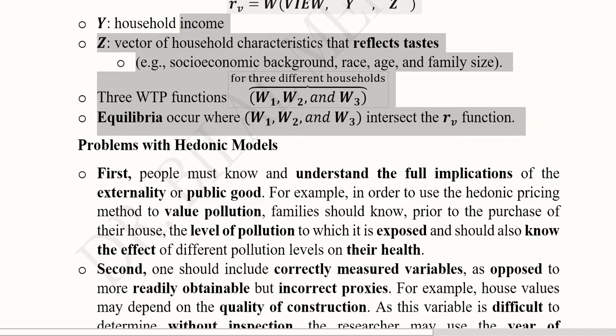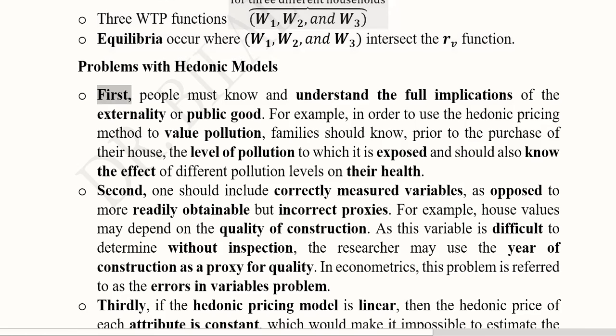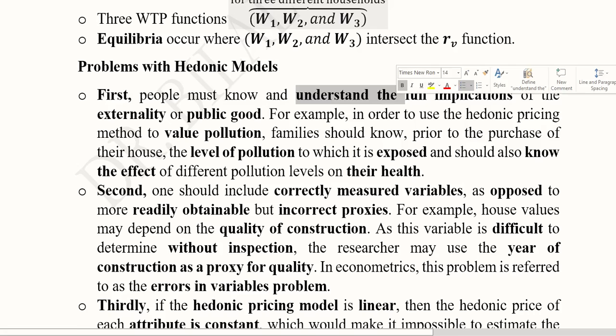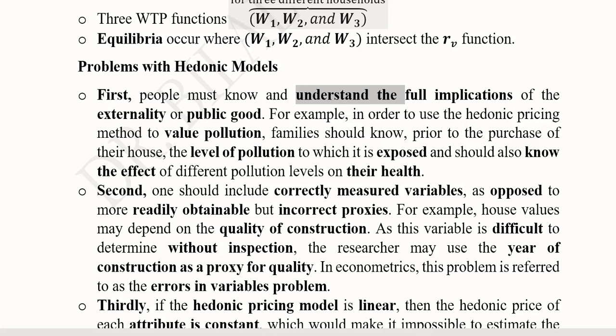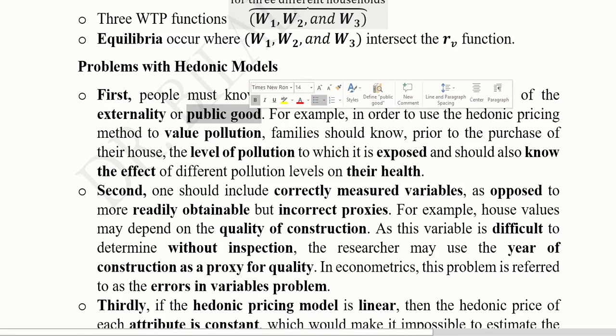Now we should focus on the problems with this method. The first problem that we face in this process is that the full implications of the various hedons or features or attributes are not usually understood, and they can cause externalities, or there can be public goods involved in it.